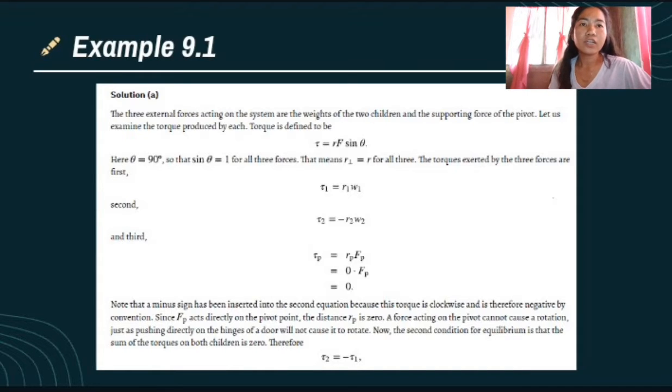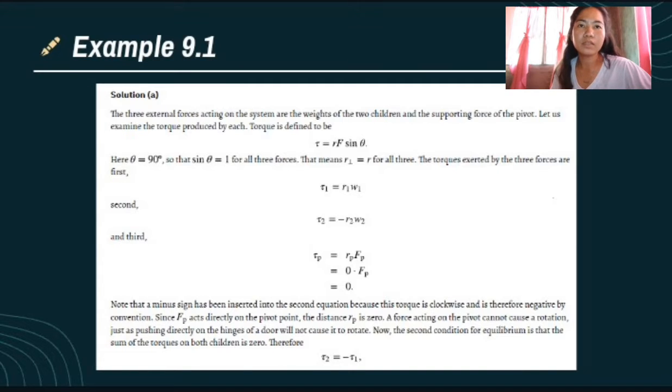The torques exerted by the three forces are first, torque sub 1 equals r sub 1 times w sub 1, the weight. Second, torque sub 2 equals negative r sub 2 times w sub 2, the weight. And third, torque P equals r sub P times F sub P, which equals 0.